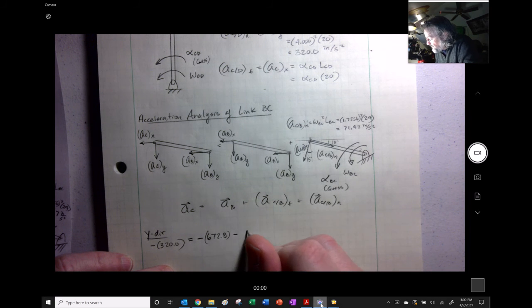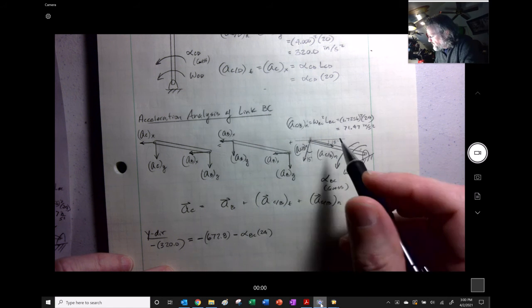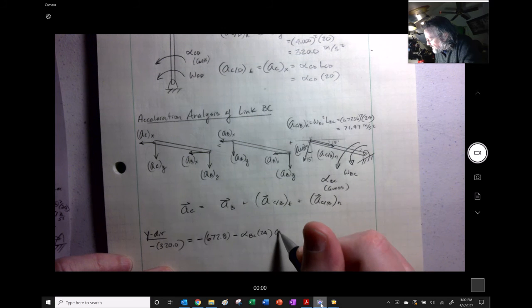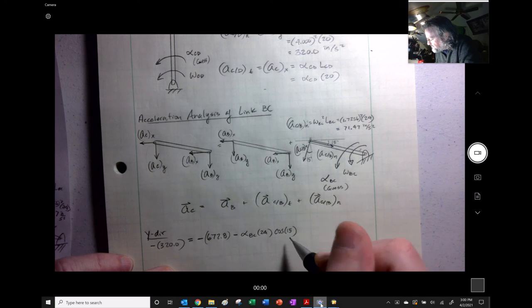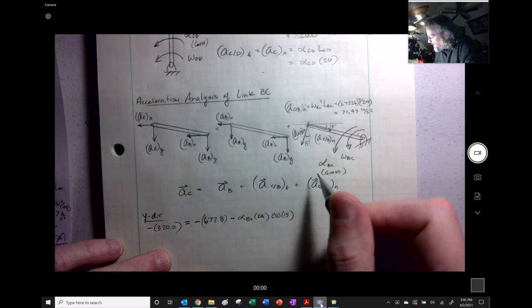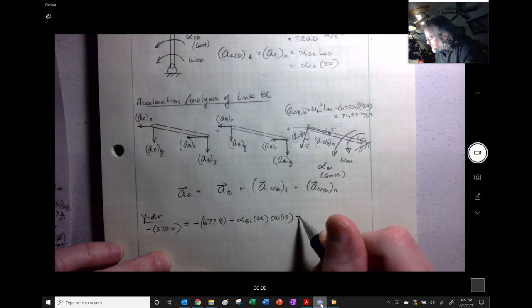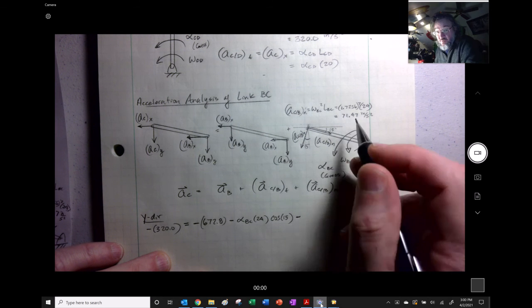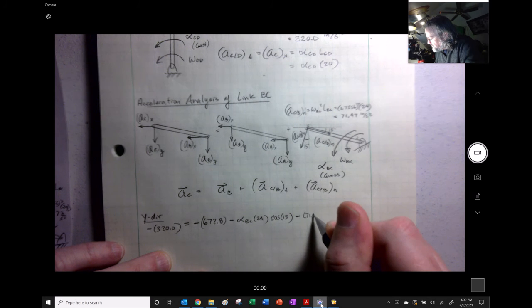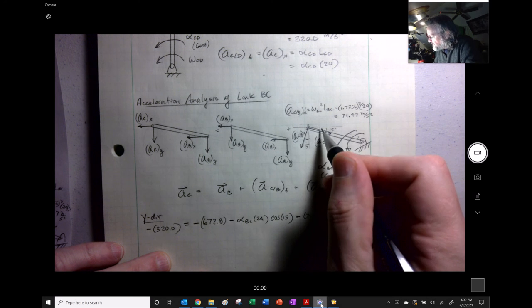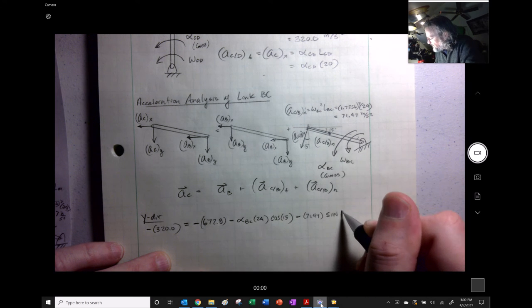So it's a negative alpha BC times 24, and it's going to be the cosine of 15. And then all still in y, all these things are negative. Negative 71.47 times the sine of 15.